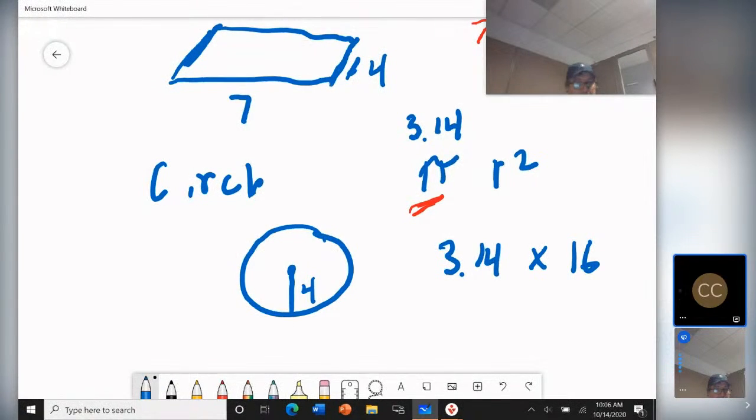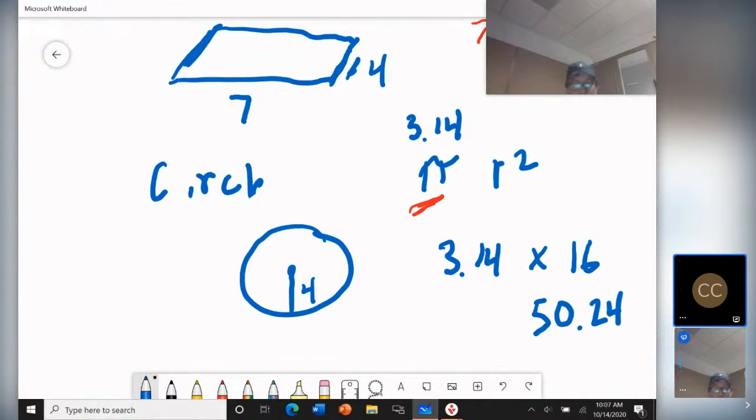And let me see what that is real quick. I didn't have it done, I apologize. So 3.14 times 16 equals 50.24. Okay, so the radius is the line that goes halfway through the circle.